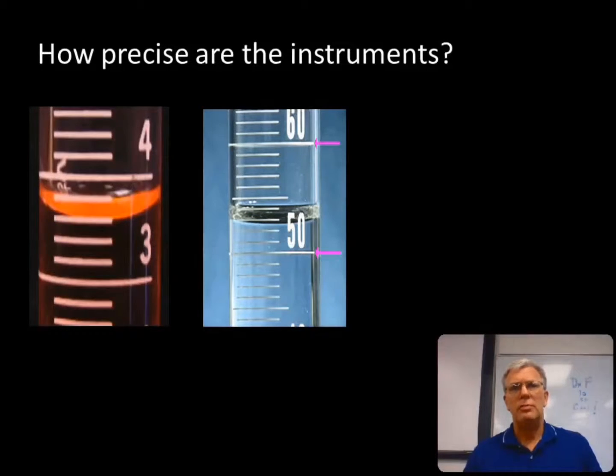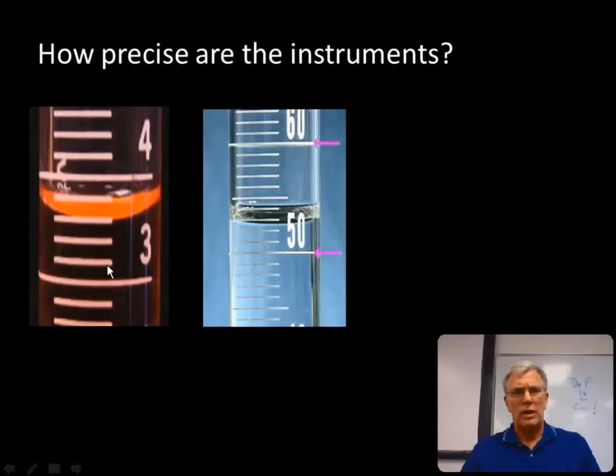Part of that is determined by the precision of your instruments. For instance, if you're measuring a fluid in graduated cylinders, in this graduated cylinder, you can see this is the mark for 3 milliliters and this is the mark for 4, and in between there are 5 slash lines.